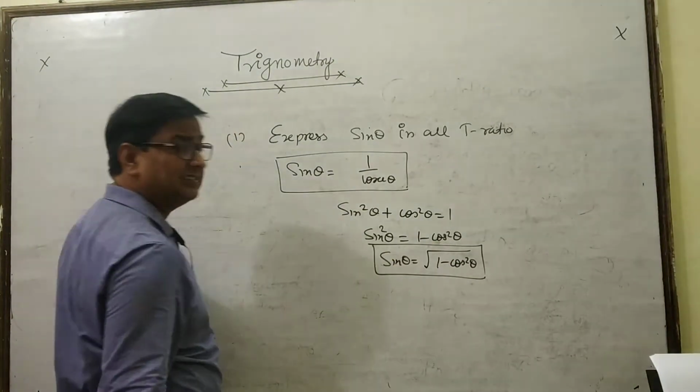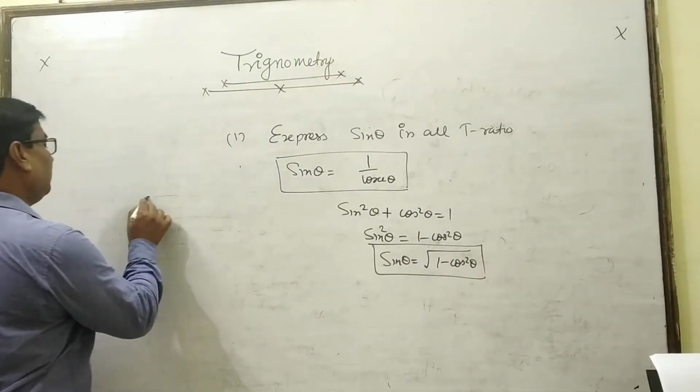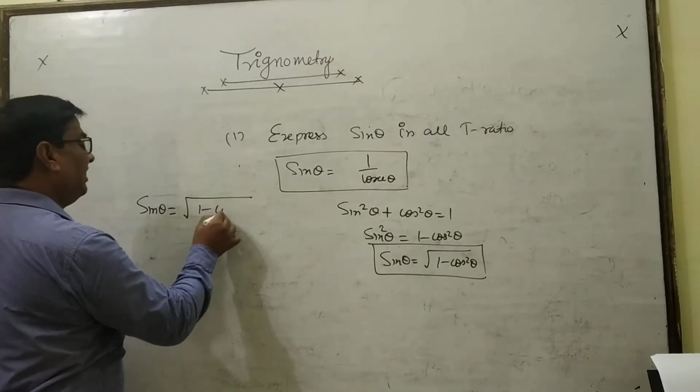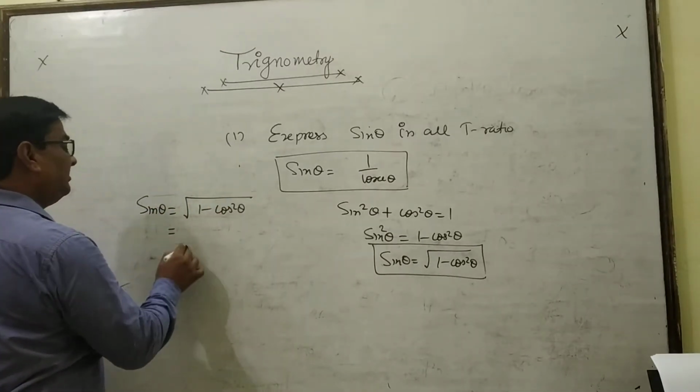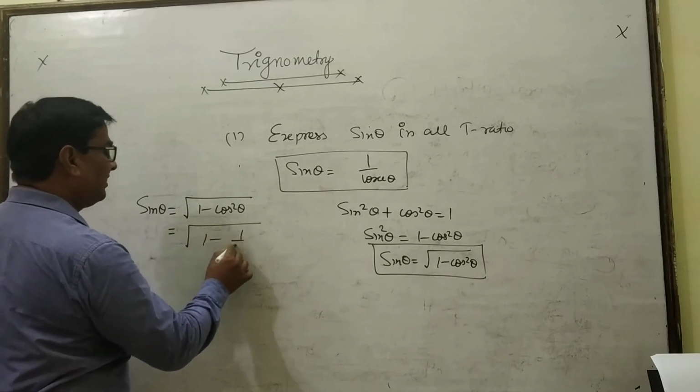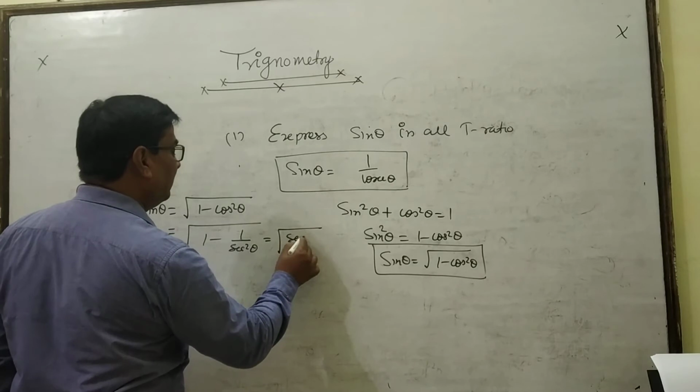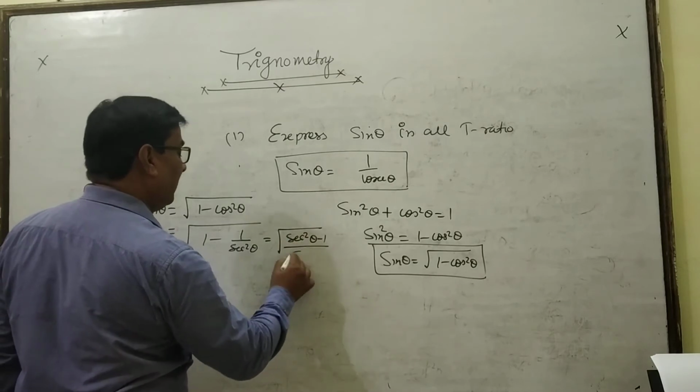Now sine theta is equal to under root 1 minus cos square theta. Cos you can directly convert into sec, so you can write sec square theta minus 1 upon sec square theta.